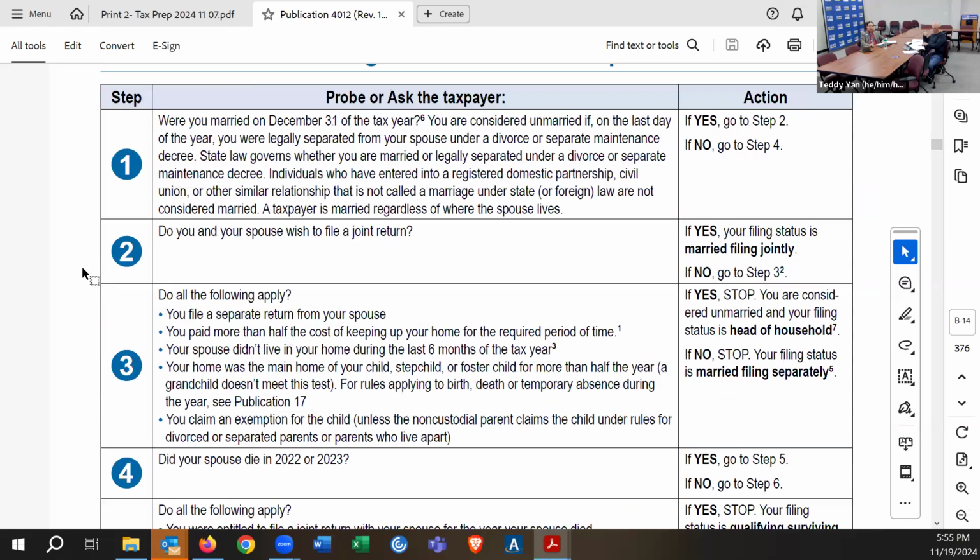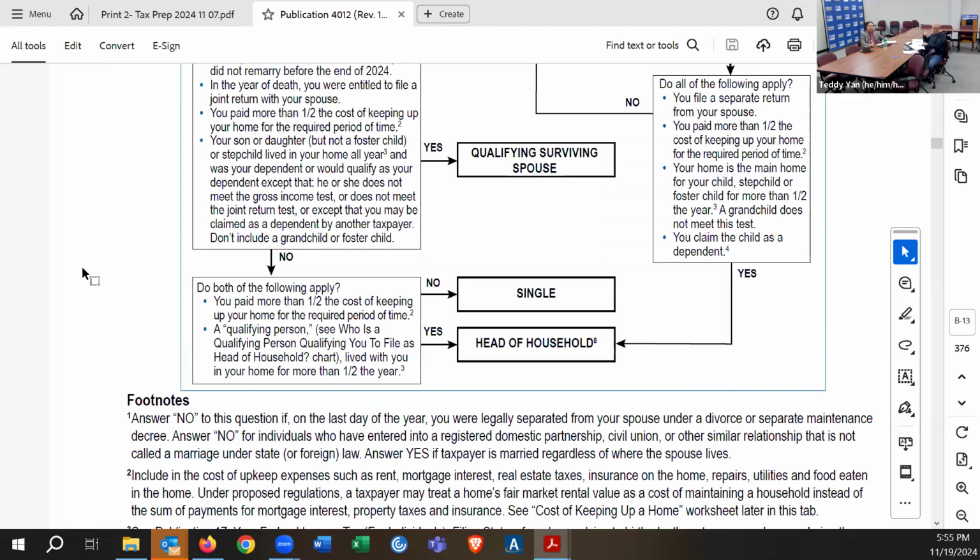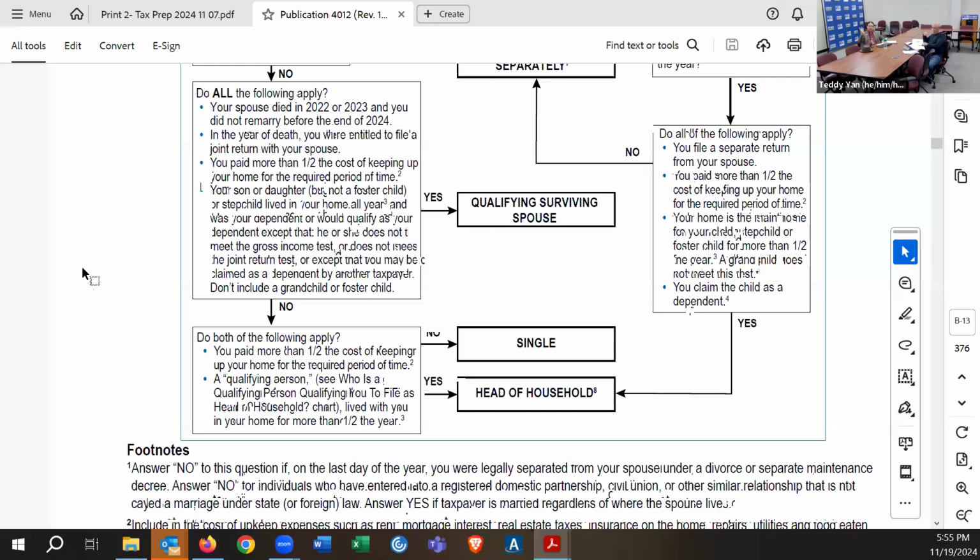They lived with her for over half the year, and Kat maintained more than half the cost of keeping up her home. Therefore, head of household. Welcome to IRS logic, where things don't make real sense, but they make IRS sense.